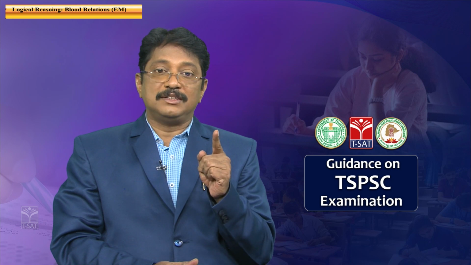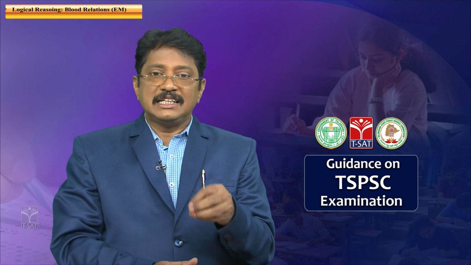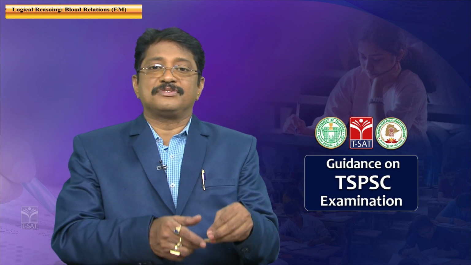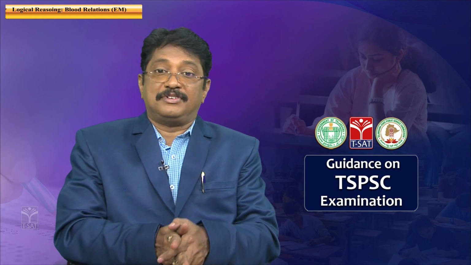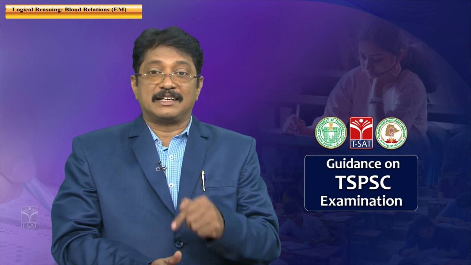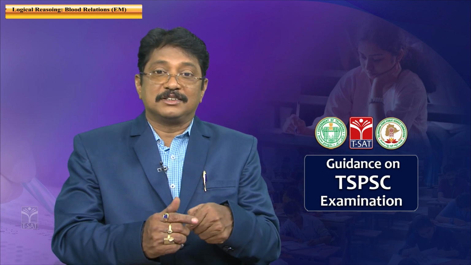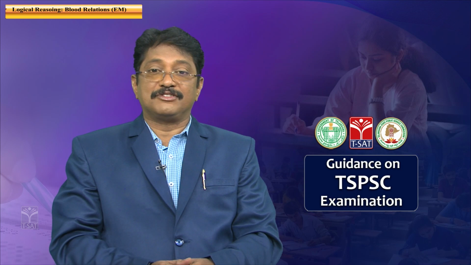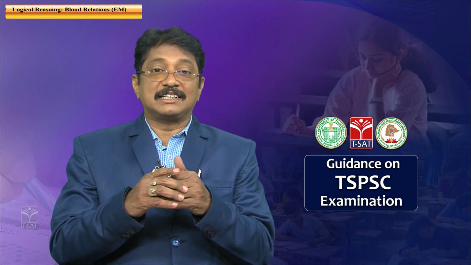So it's very clear that E is the mother of C and F. B is a brother of A, correct? From the given information, there are 3 brothers.